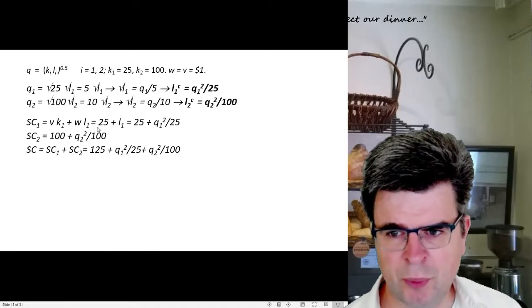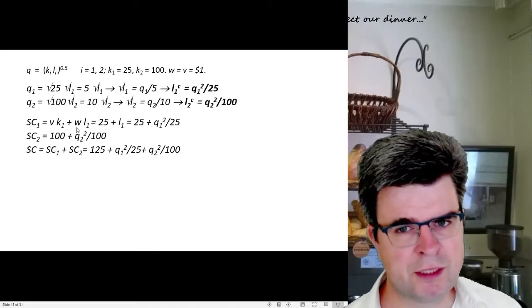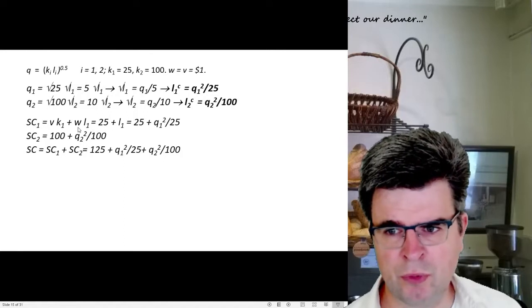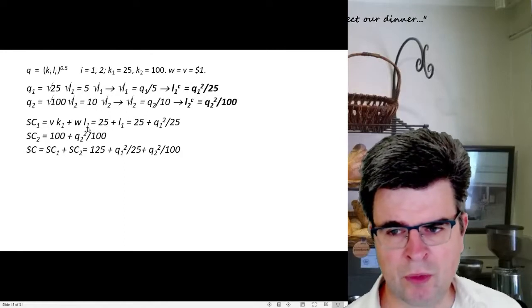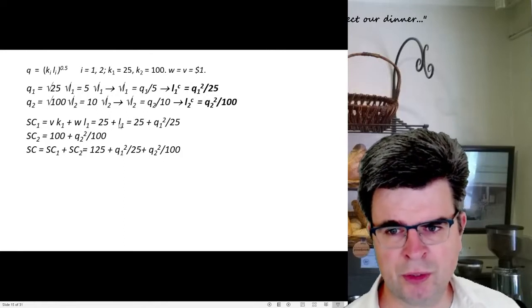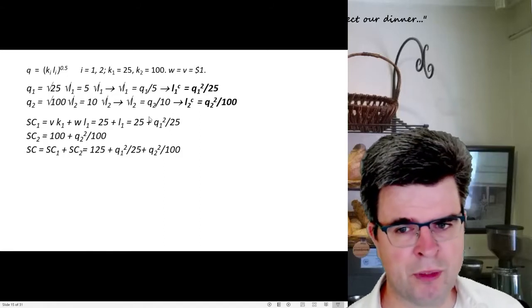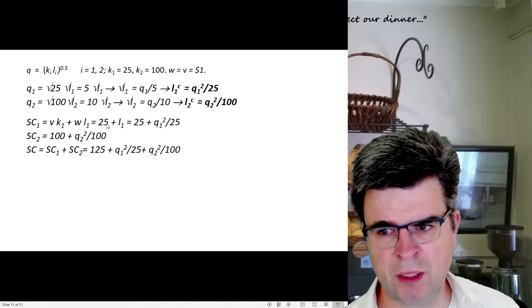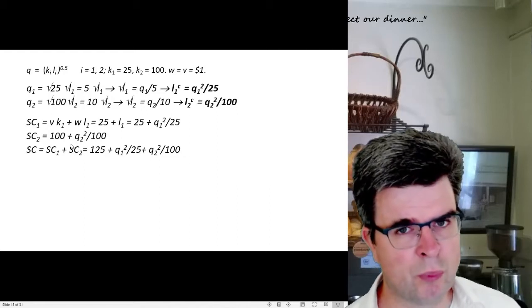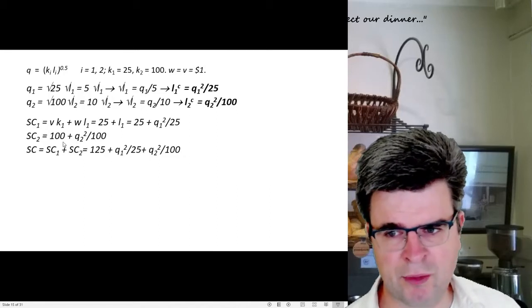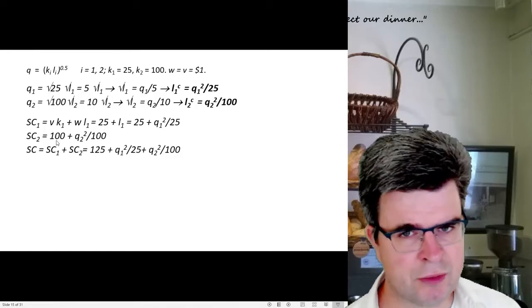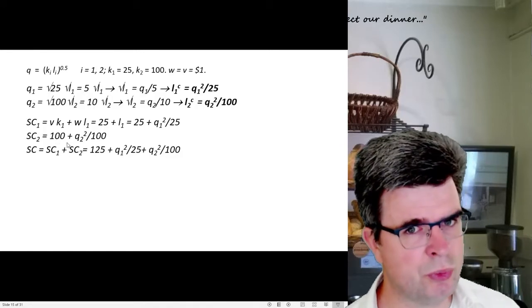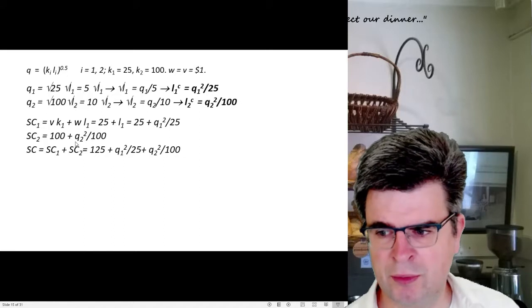So that makes 25, plus the wage rate equal to 1, and the amount of labor that we need for production, well, as a function of output, that is Q1 squared divided by 25. Similarly, we can determine the short-run cost at plant 2, which gives us 100 plus Q2 squared divided by 100.